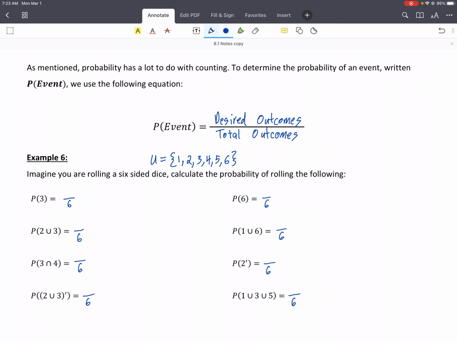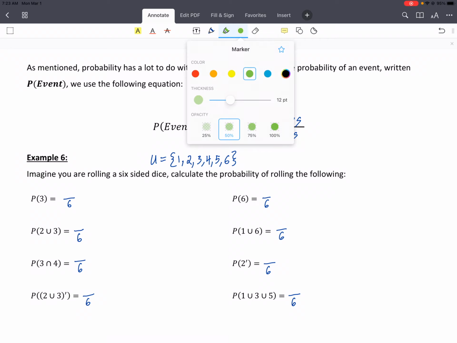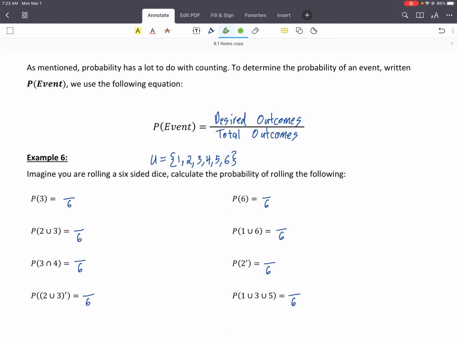Okay, and now if we look at this first one, probability of rolling a 3. So the probability of rolling a 3, well, only one of those possibilities, one of those outcomes gives us a 3, so we'll have a 1 out of 6 probability, or we'll change that to a percent and be 16.66%.